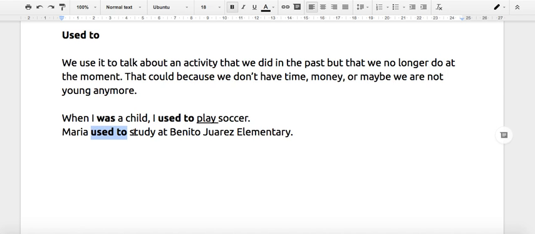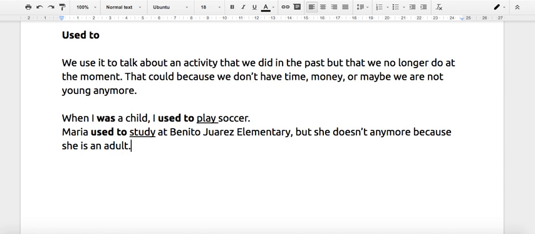Maria used to study at Benito Juarez Elementary, but she doesn't anymore because she is an adult now. So you notice, it's an activity that she did, but that she no longer does.